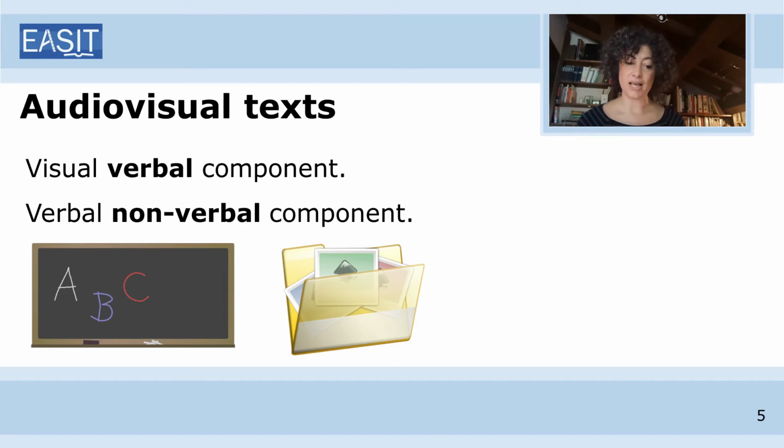When a translator has to audio describe a product, he or she will take good care of the visual, verbal, and non-verbal components. In simpler words, text on screen and images.